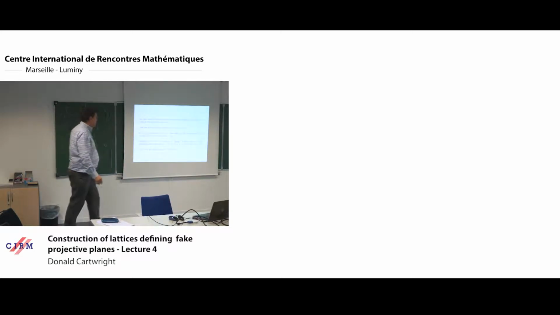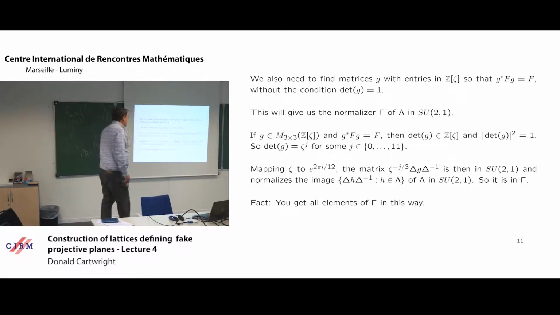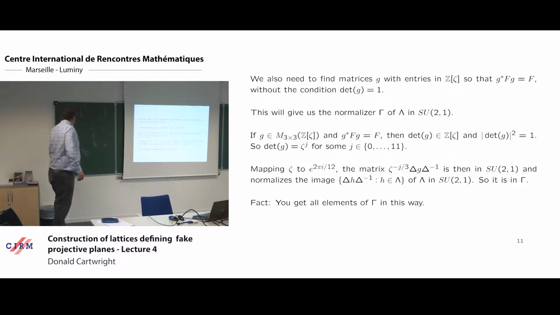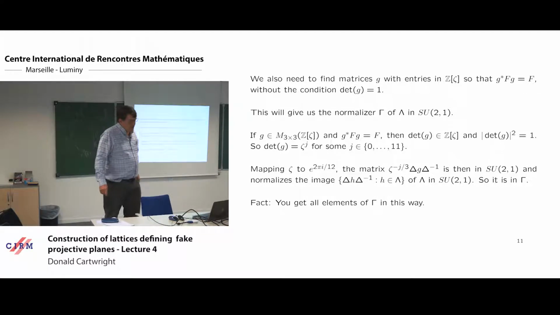Okay, so if I take an element G which has determinant zeta to the j, and if I map that zeta to this, if I put in a fudge factor, this will normalize the image of lambda in here. And it's not hard to see that that's how you get the normalizer.